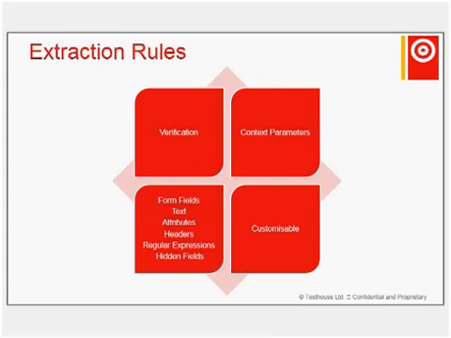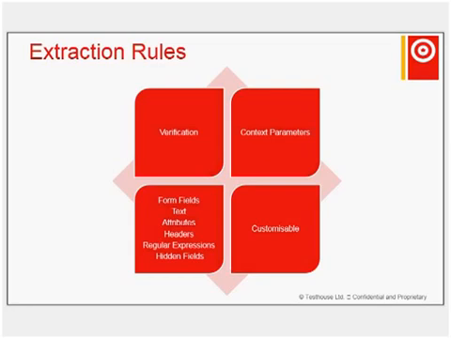Essentially, what you do with extraction rules, you can use them for verification purposes, so you can say that your extraction rule is required, which will fail the test if it can't actually find the value. It stores it in a context parameter, and you can search for a number of items.